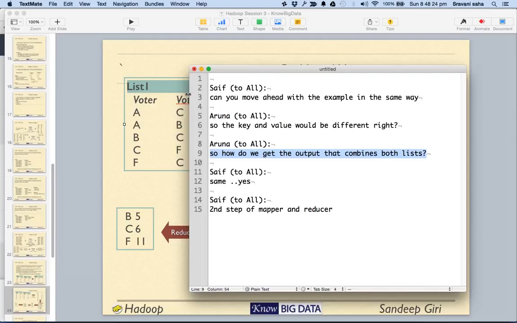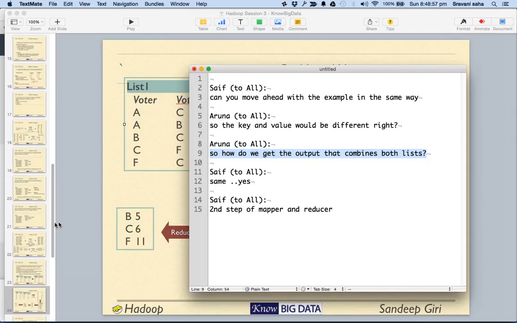If you are using a programming language or non-streaming, you can mark in the output itself that this is my integer and this is my value. When we say key and value, the key always remains the voter name and the value could be an object. Then while combining in the reduce phase, you can figure it out based on the object definition.